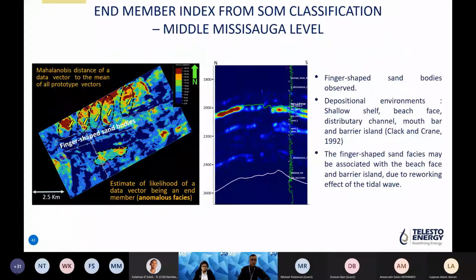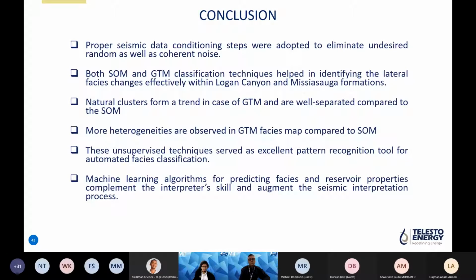One more thing I want to highlight is this is plotted against the mean. So what you see here is actually the distance of this end member compared to the mean of all prototype vectors.